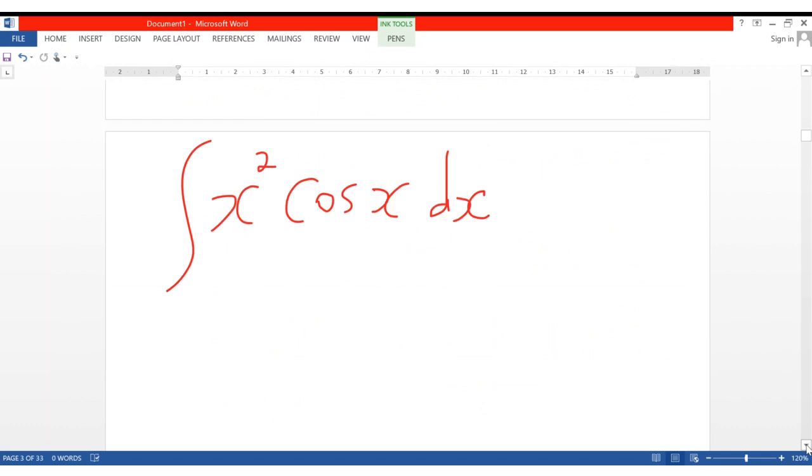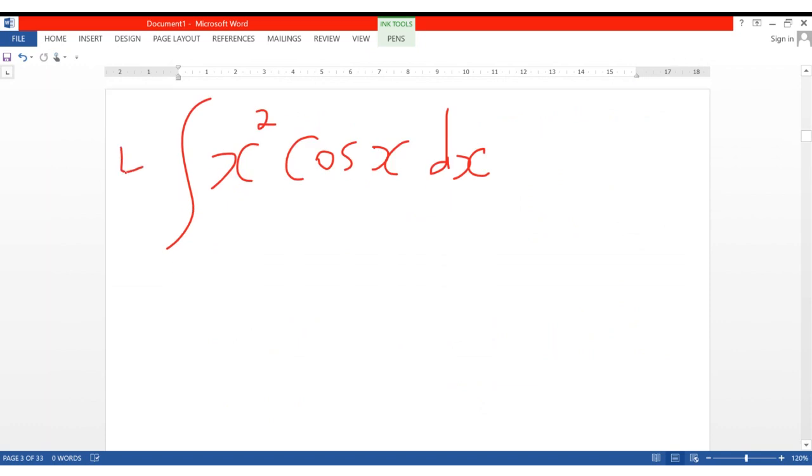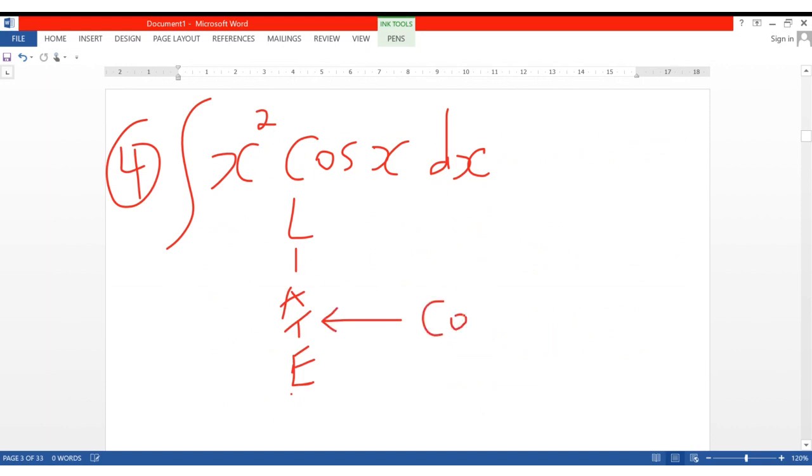So for this one again, we shall come back to the acronym. This is number 4 now, LIATE. So I'll check where my cos x goes, to trigonometric. Then this one will be the algebraic, that is x squared.